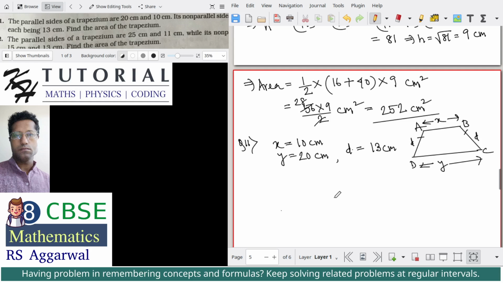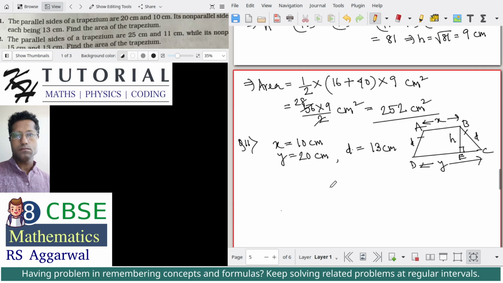Now we know that in an isosceles trapezium, we can easily find the height of the trapezium. That is, if BE is perpendicular to DC, so BE will be the height of the trapezium.